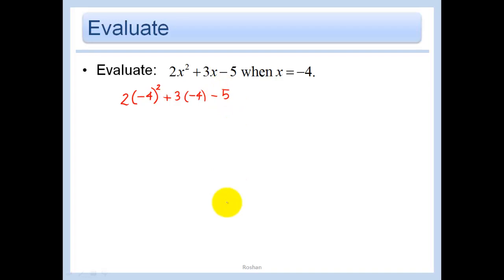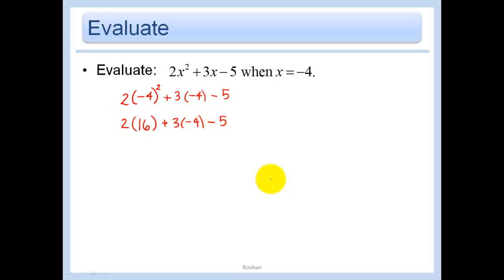Okay, what came first? We don't really have parentheses in this one, right? The parentheses are just surrounding my -4, so I remember it's a quantity. So I'm going to do the exponents. So -4 times -4 is 16. All right, so we got exponents out of the way.